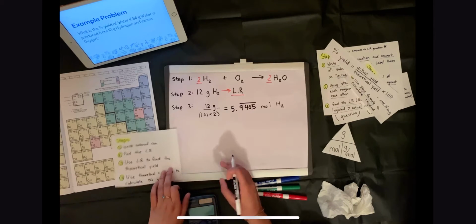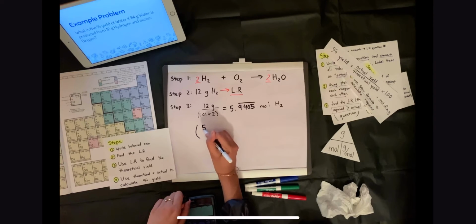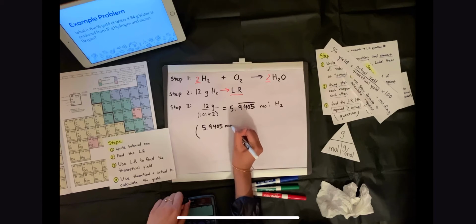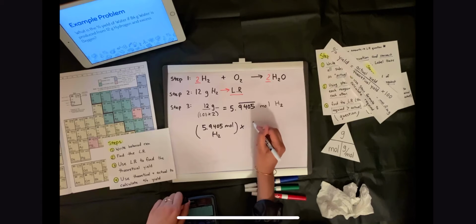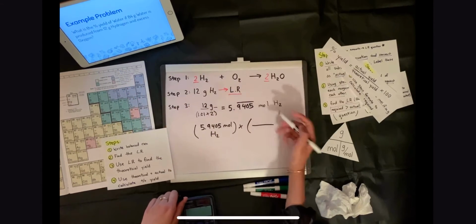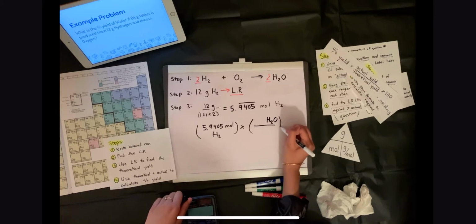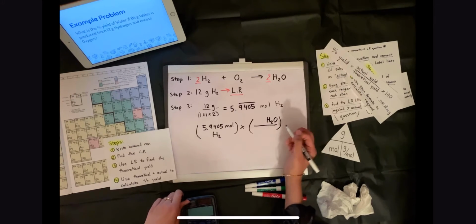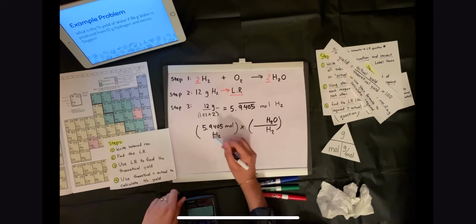Now we can do stoichiometry. Put this over here, 5.94. Remember, it's asking us for water, so we put H2O on the top because that's what we're trying to find. And we put hydrogen on the bottom because it's the same, so they can cancel out.